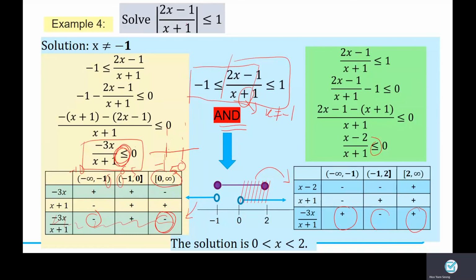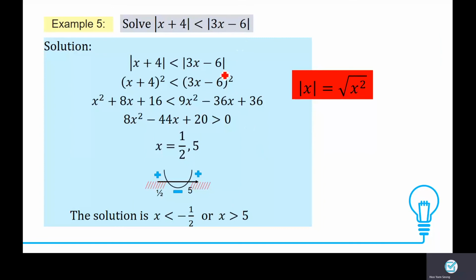Now we look at what if the left hand side and right hand side both have absolute values. Remember, when this is an equal sign, we just say P equals Q and P equals -Q. But since this is an inequality, we don't know what the absolute value is, because if you change to negative, it will change the sign of greater than and less than.